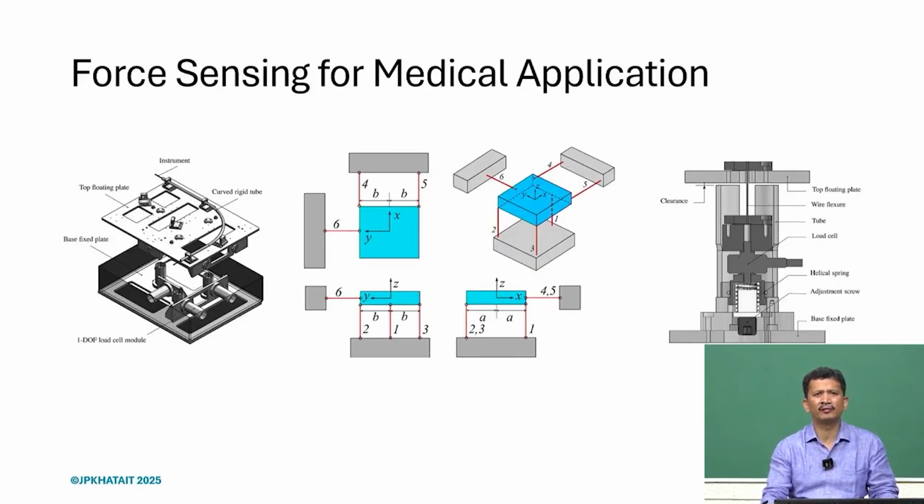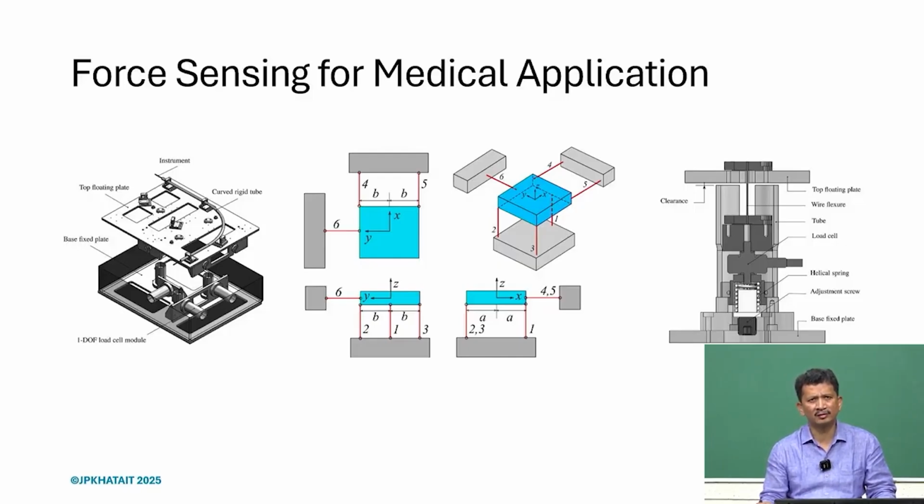So what happens if a flexible instrument interacts, and what kind of forces does it exert? Suppose you want to characterize any kind of catheter or endoscope or any flexible instrument: when we manipulate these instruments and when they interact with the tissues, what kind of forces are there? Therefore, for the characterization, if you want to measure these forces, it's very important that we should be able to measure them precisely. Many times these forces are very small, so the setup has to be sensitive.